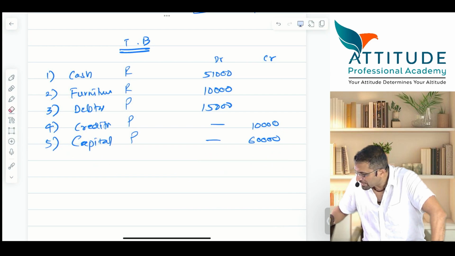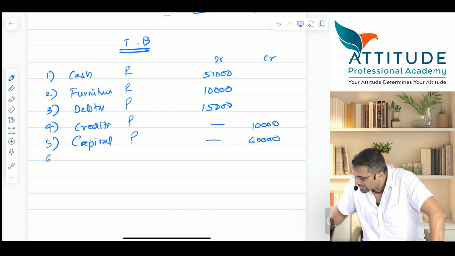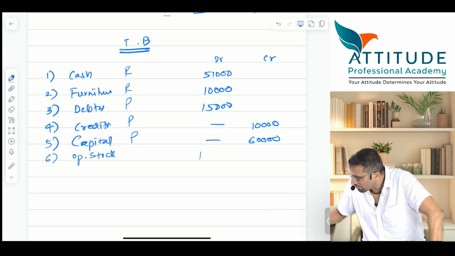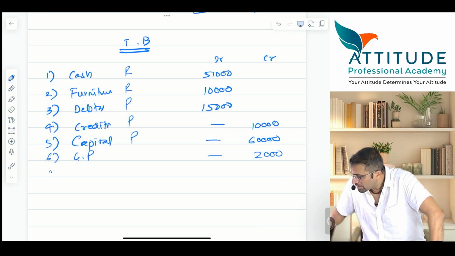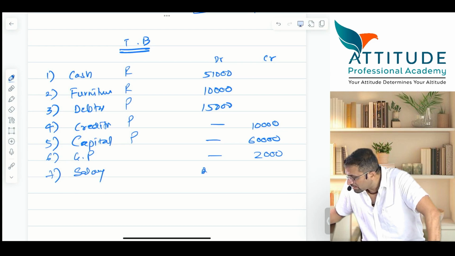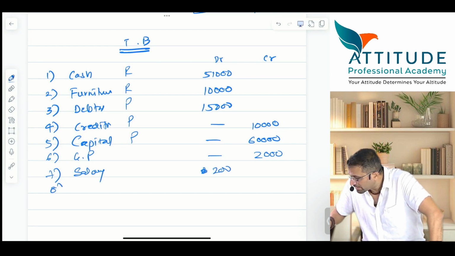Let me see how many of you can answer this. 6, opening stock 1000. No, not opening stock. Okay. 6th, GP 2000. 7, salaries 200. 8, electricity expenses 300.